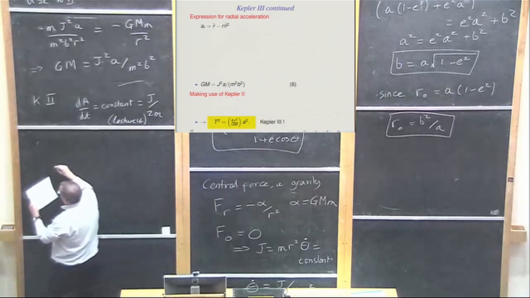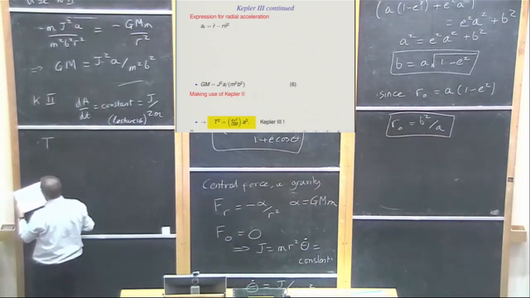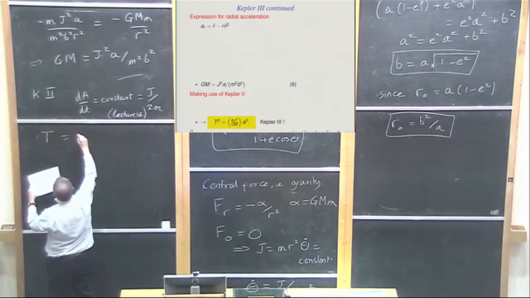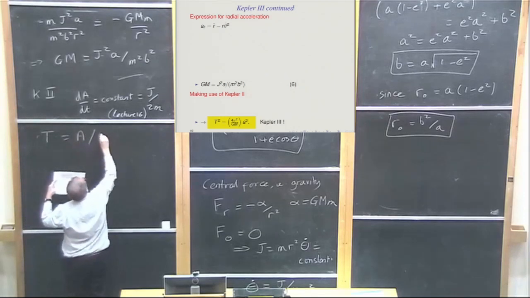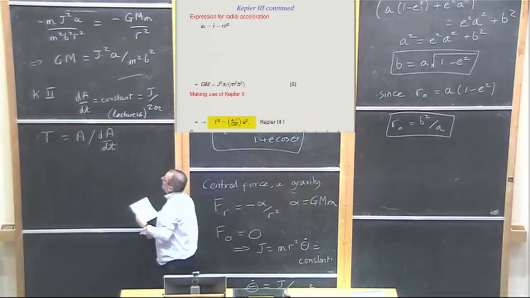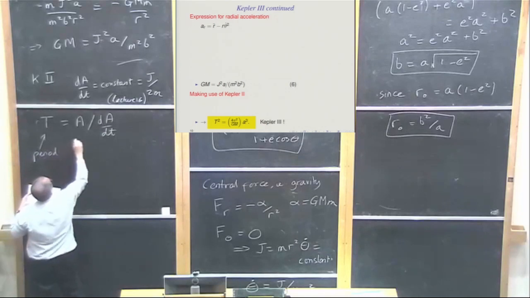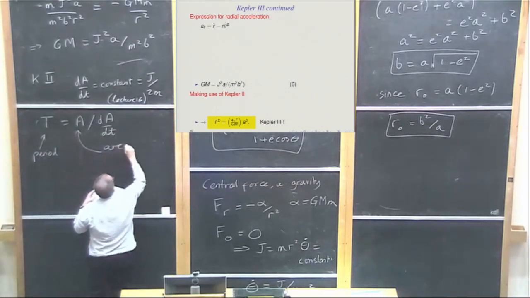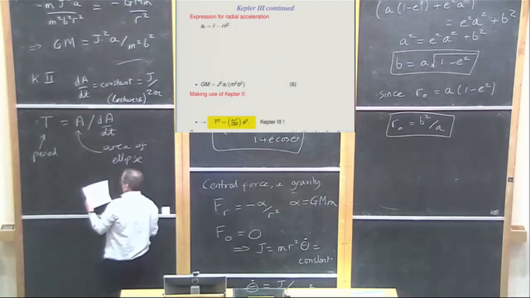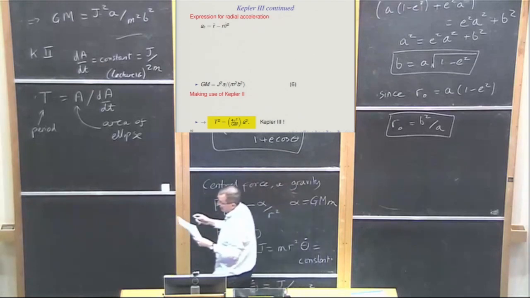Okay. So therefore, the time period big T must be related to the area of the ellipse divided by dA by dt. Okay, that must be true. So that is the period, and this is the area of the ellipse. What is the area of an ellipse?